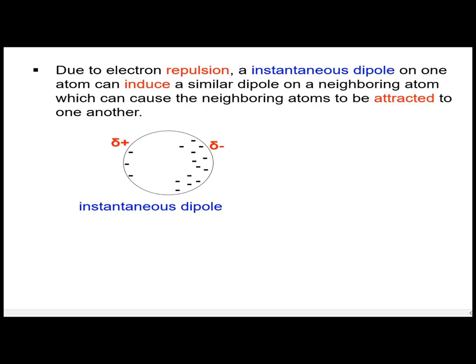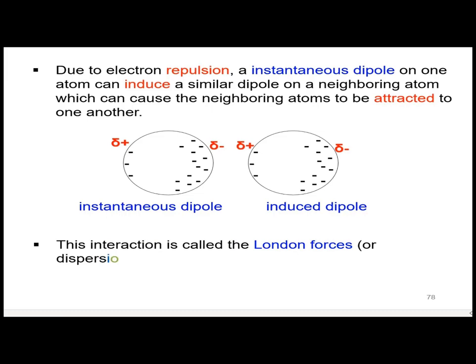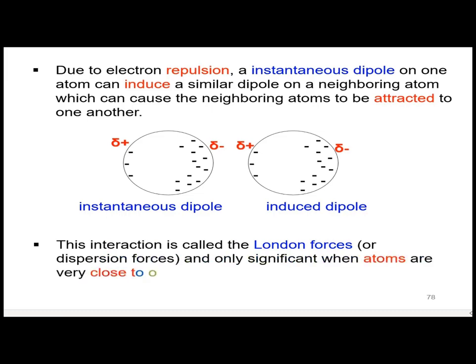As you can see in the diagram, the partial negative charge on the instantaneous dipole molecule is attracted to the partial positive charge on the induced dipole of the other molecule. These interactions are called London forces or dispersion forces and are only significant when atoms are very close to one another.